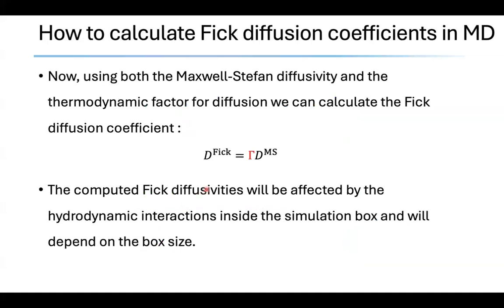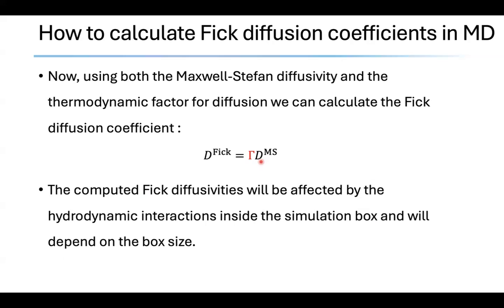Now that we know how to calculate both the thermodynamic factor and the Maxwell-Stefan diffusion coefficients, we can thus calculate the Fick diffusivities by combining the two in a product. An important point to consider is that when Fick diffusivities are computed in a molecular simulation, they tend to depend on the size of the box in which you're simulating the mixture.